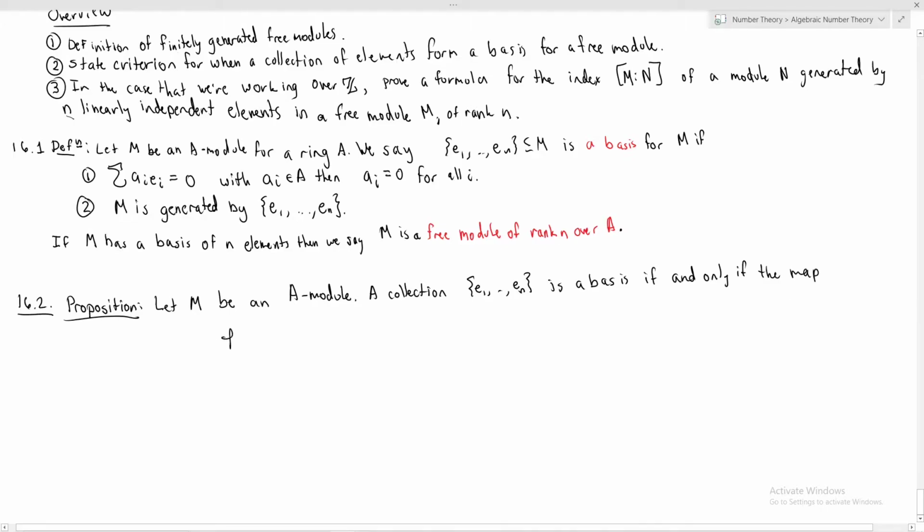The map from A^n to M, sending delta_i to e_i, where delta_i is 1 in the ith component and 0 elsewhere.